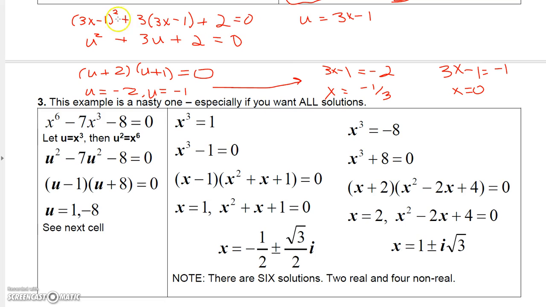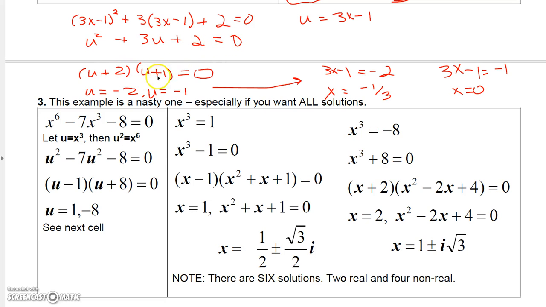Now I realize you could multiply all this out and probably turn it into a long polynomial, but let's just say you recognize that this 3x minus 1 is just this guy squared. So you could let u equal 3x minus 1, and then you could replace this with u squared, and you could replace this 3x minus 1 with u, and then you would just have u squared plus 3u plus 2 equals 0. And then you could factor it.